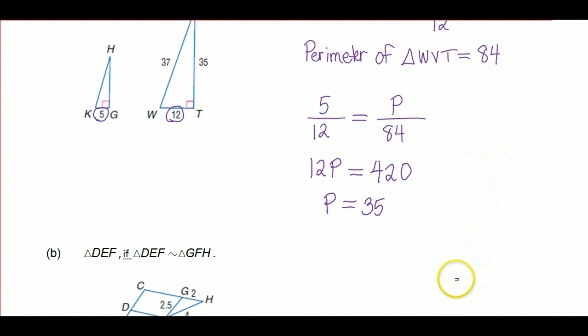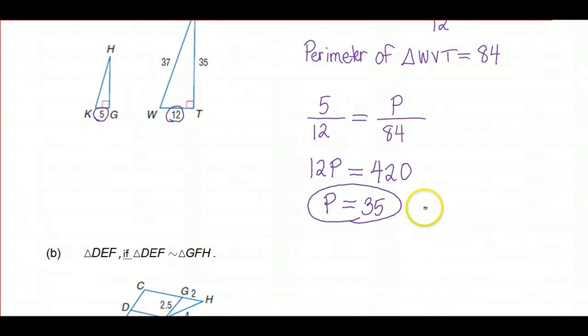Okay with that? So the scale factor is 5 to 12. So the ratio of the perimeters is 35 to 84. But if we reduce 35 to 84, that will come out to 5 to 12. That's the scale factor. Ari. So this is just a sort of way of doing proportions, like to each side and finding out what each side is.